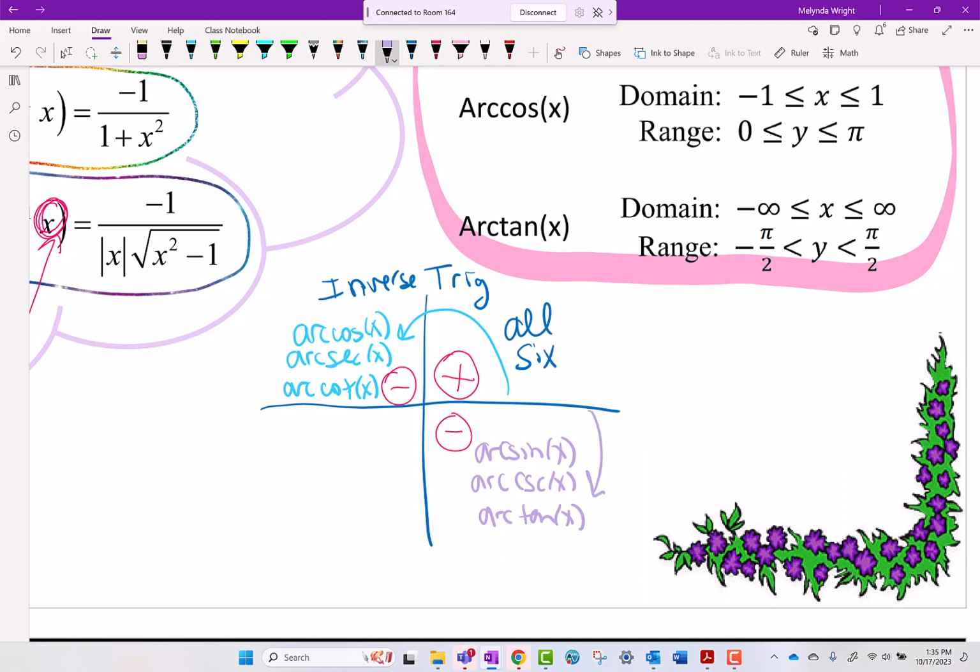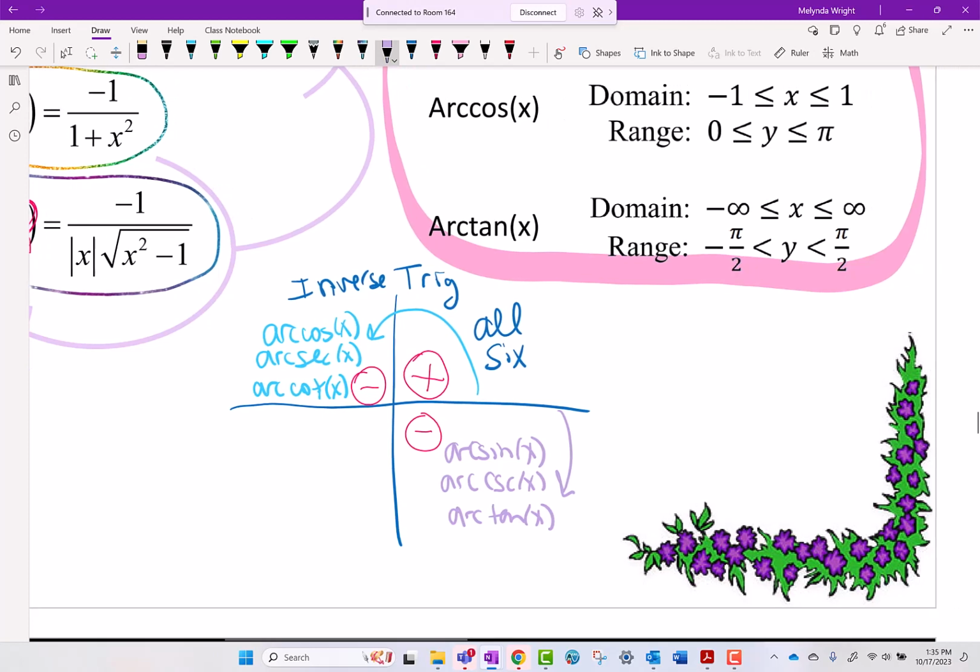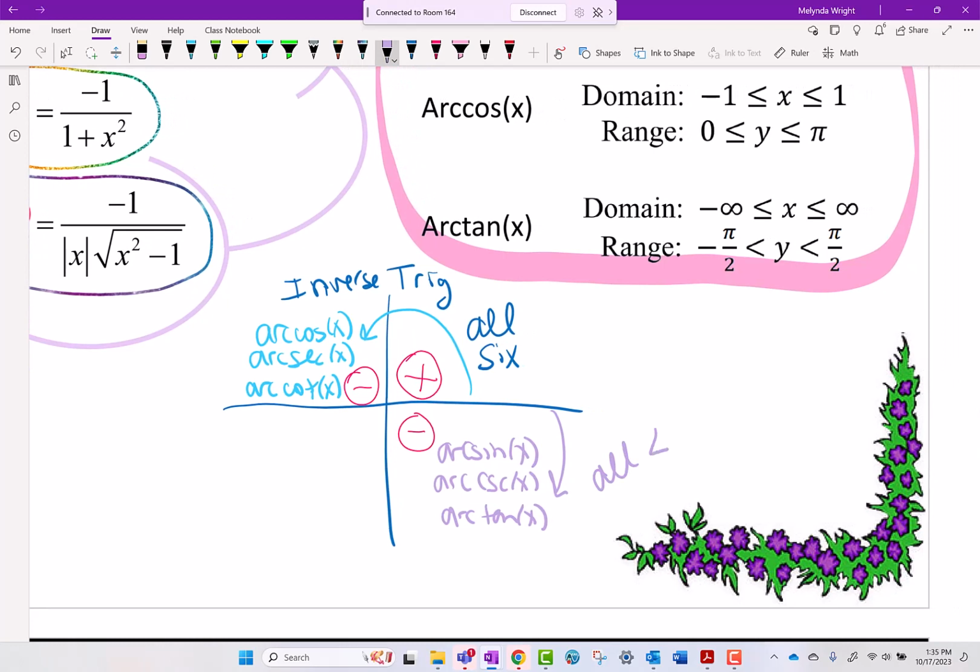There is no choice. All of the angle measures in the fourth quadrant must be represented as negative angle measures. Let's write that down. All angle measures in Q4 must be negative. Negative angle measures.